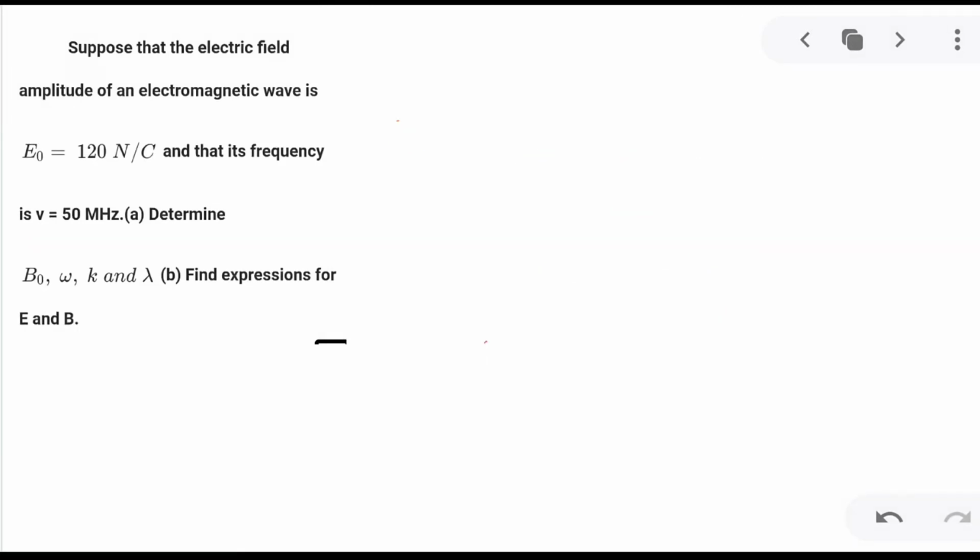Then it is asked to find the expression for E and B. Expression means you have to write the equation. Now if you assume that the wave is propagating along the positive x-axis, suppose this is your x-axis, this is y-axis and this is z-axis.